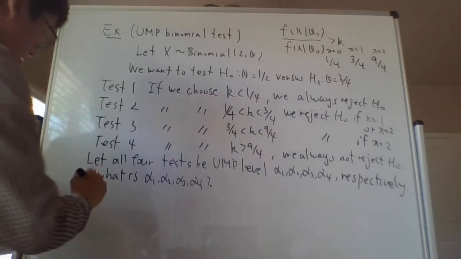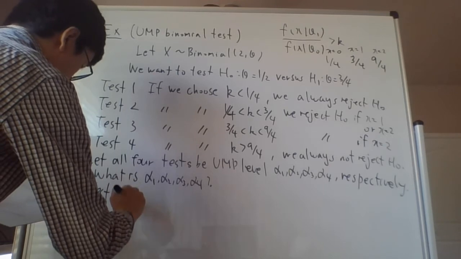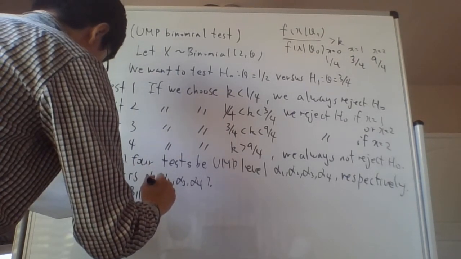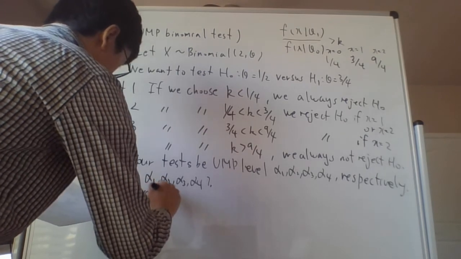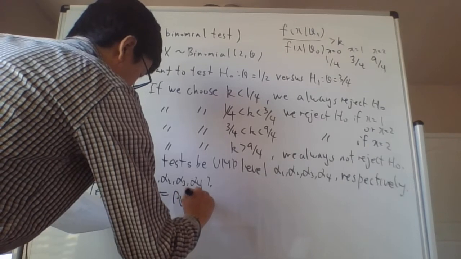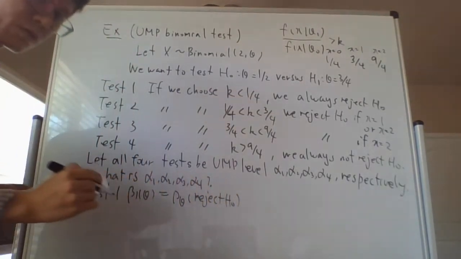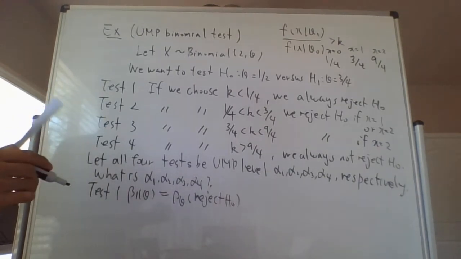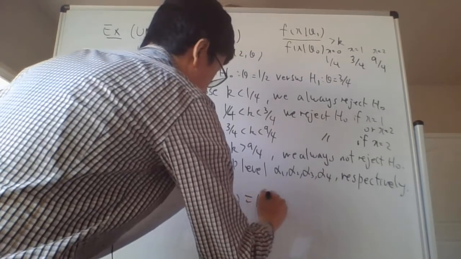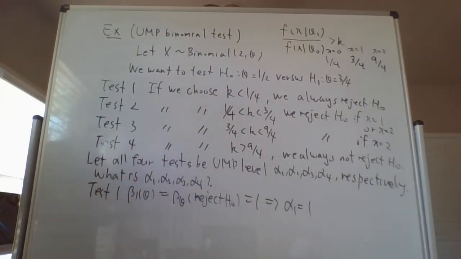So test 1, since we always reject H0, this probability is 1. So for the first test, alpha 1 is equal to 1.